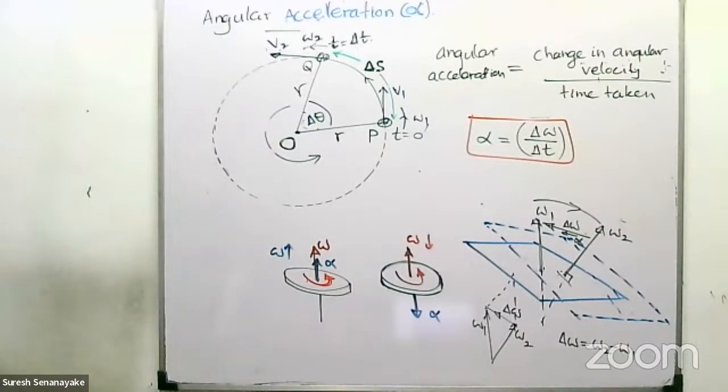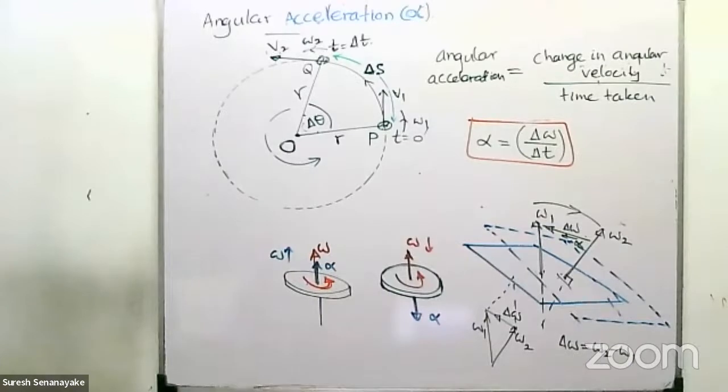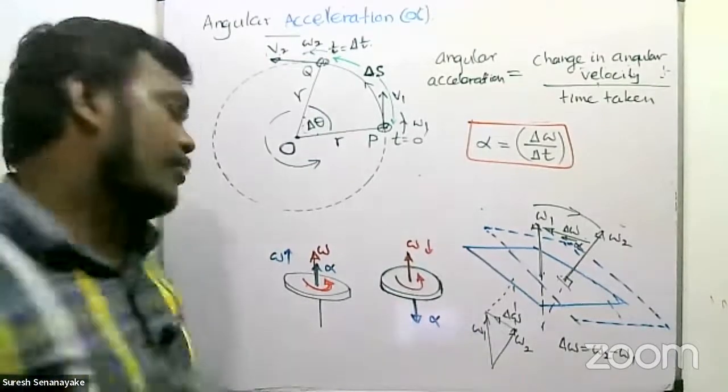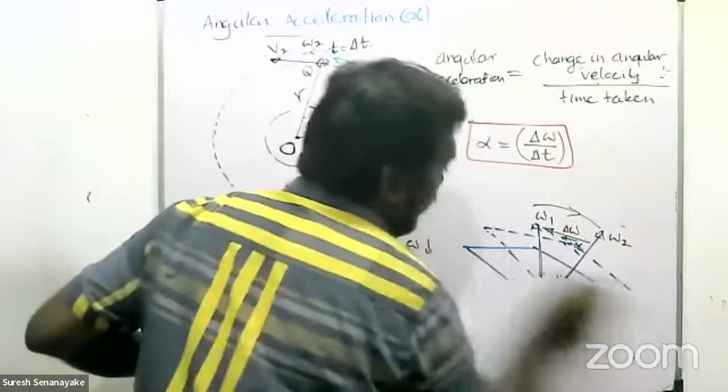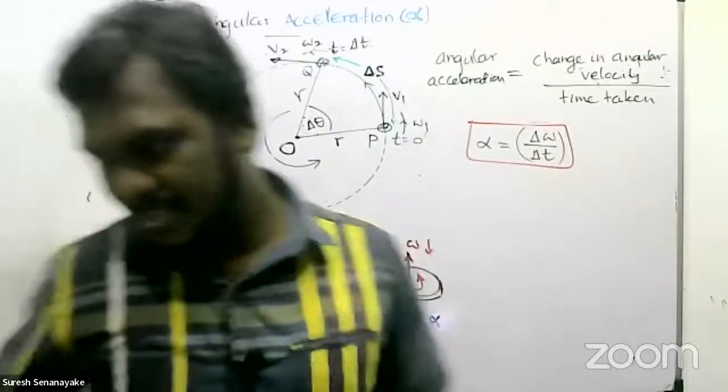Okay, I'll explain that rotation part again. First you draw these two, then I will erase this and draw again. It's better because I'll use another method. You can first draw these two figures only. I'll explain this again. Clear?